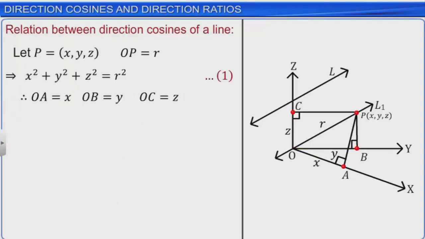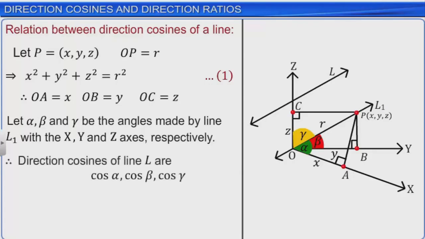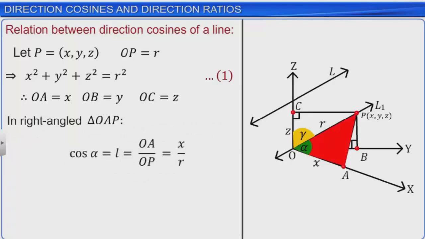Let alpha, beta, and gamma be the angles made by line L1 with the positive directions of the x, y, and z axis respectively. Thus, the direction cosines of the given line are cos alpha, cos beta, and cos gamma. In right-angled triangle OAP, cos alpha is equal to OA upon OP, or x upon r.